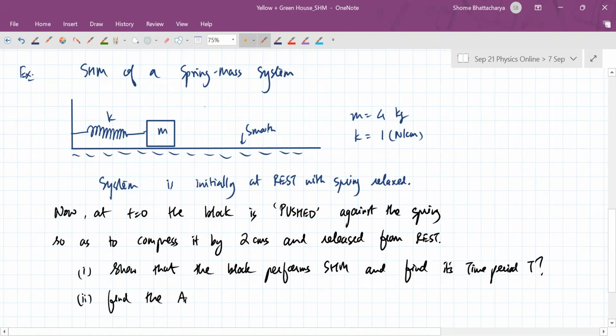Find the amplitude, the maximum speed, and the maximum acceleration during SHM.